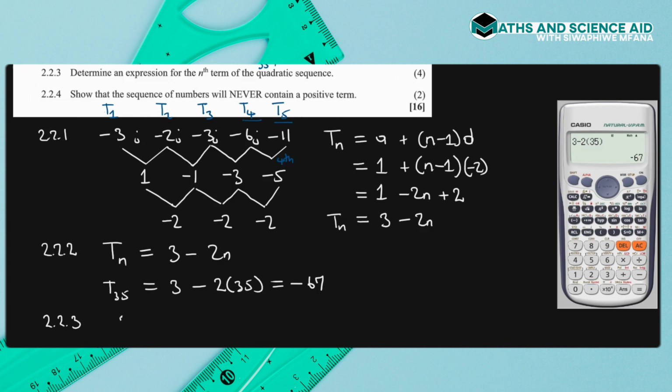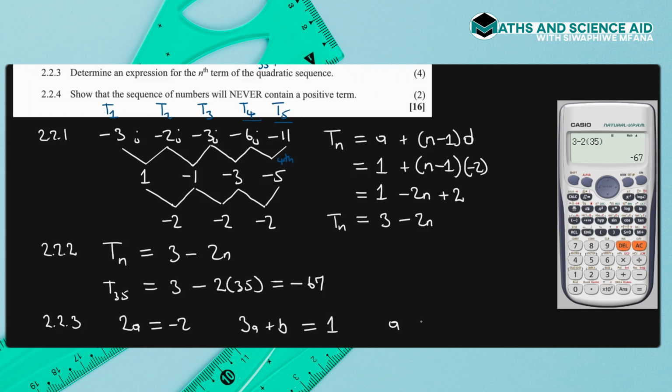Because we know that 2a is equal to the value of the first term of the second difference. And we also know that 3a plus b is equivalent to the first term of the first differences. So that is 1 in this case.